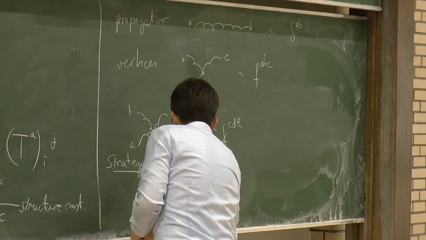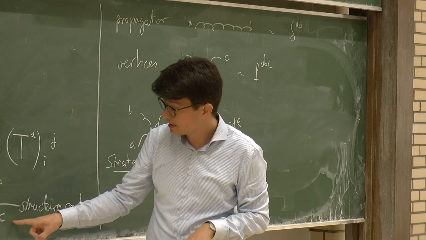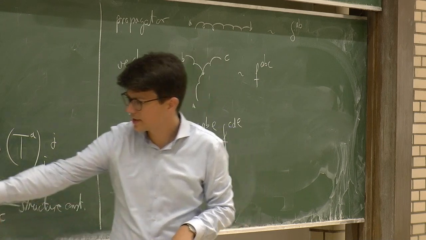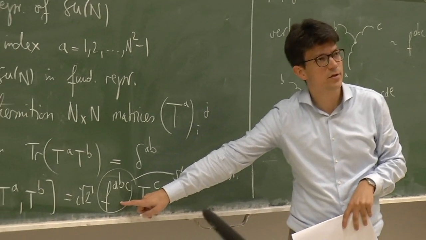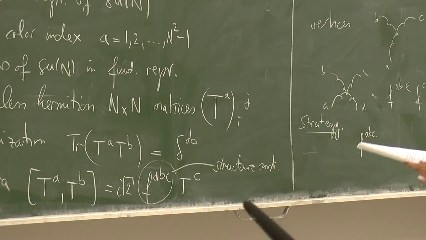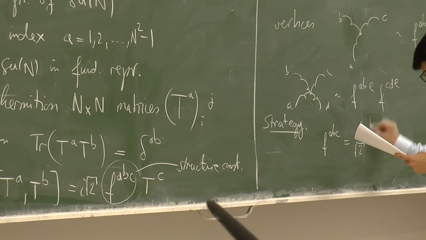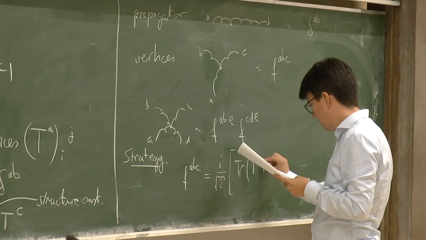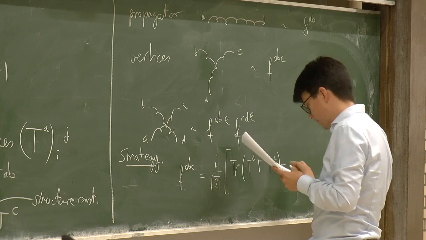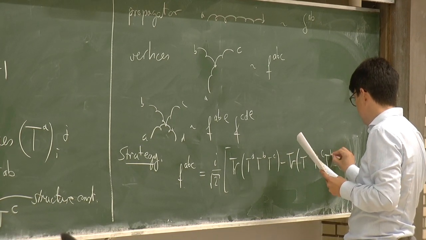Essentially, if you take that relation, multiply by some T^D on both sides, and then take the trace, we can isolate the structure constant. So in this way, we can rewrite this, saying that f^{ABC} is i over root 2, and bracket trace of T^A T^B T^C minus trace T^A T^C T^B.